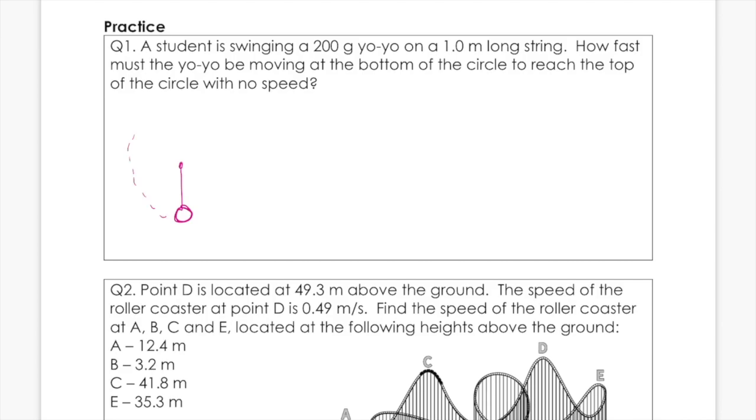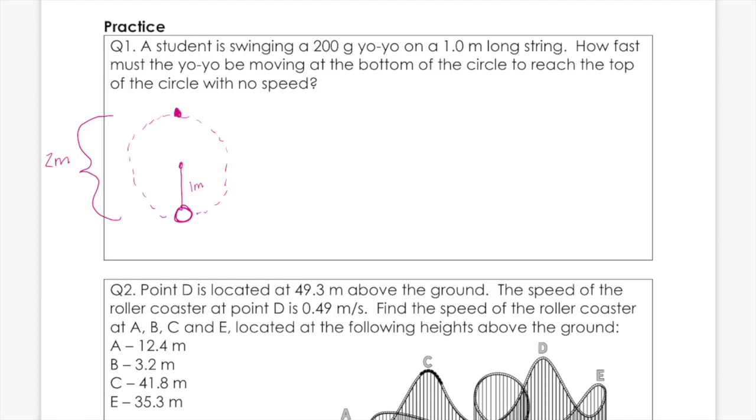And it is going in a circular path, well, about as circular as I could draw it. This is 1 meter long, so from the bottom to the top, it would be a total height difference of 2 meters.